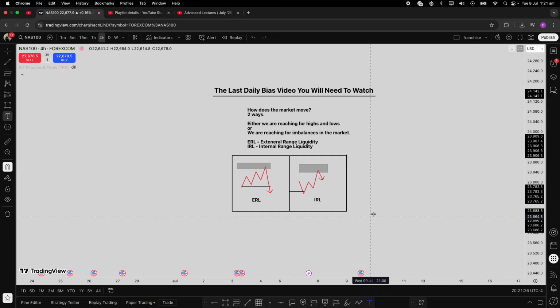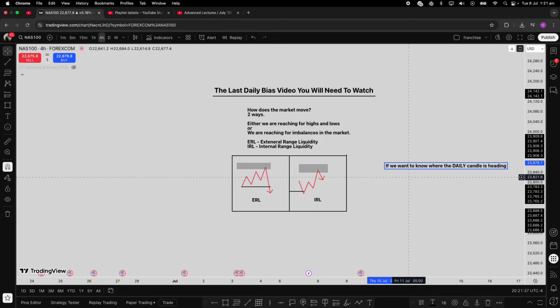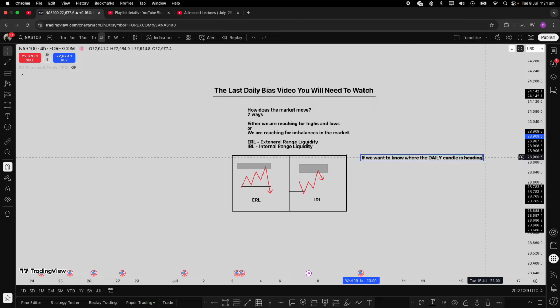Daily time frame. If we want to know where the daily candle is heading, we use daily time frame with the ERL concept and formulate bias. Simple as that.